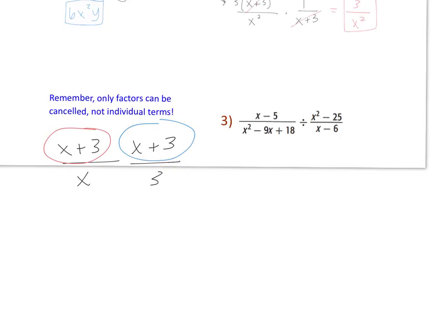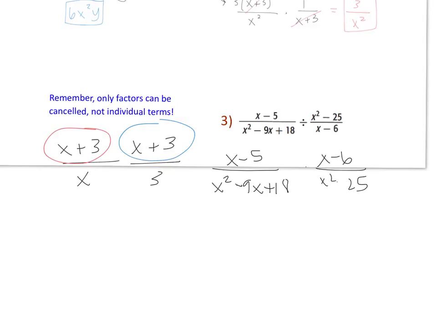All right, let's look at number 3 here. x minus 5 over x squared minus 9x plus 18 divided by x squared minus 25 over x minus 6. Now, first, let's make this simpler, and let's flip the second fraction and multiply. So x minus 5 over x squared minus 9x plus 18 times x minus 6 over x squared minus 25.